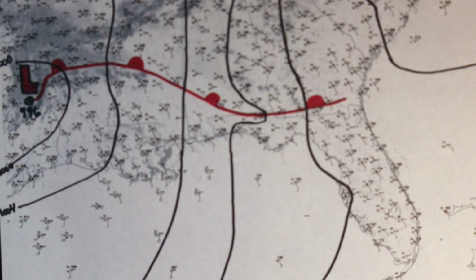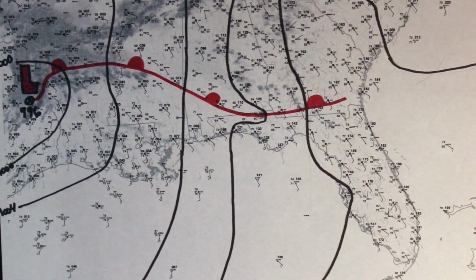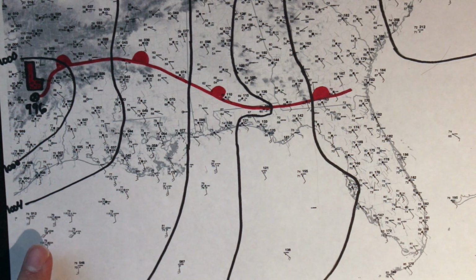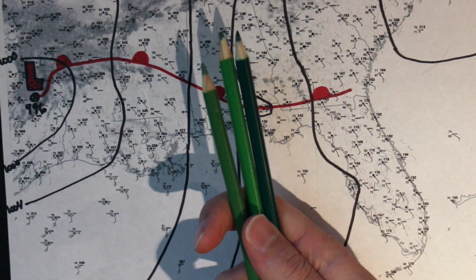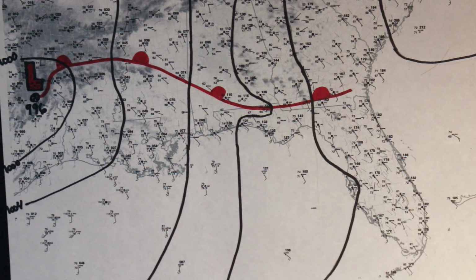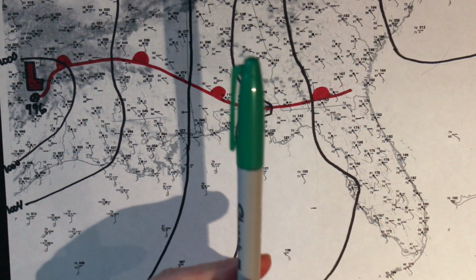Try to zoom in as much as I could. You'll recognize this map from your homework from last week. Now, this is what you're going to need for this map. We're going to do a moisture analysis. You'll need a bunch of green coloring pencils. You're going to need your green marker, and that's it.